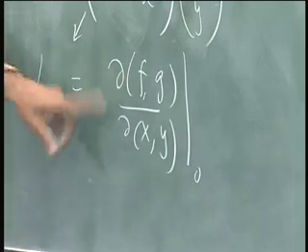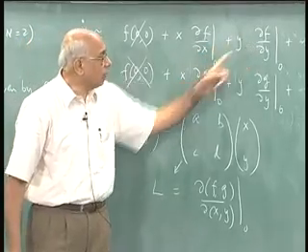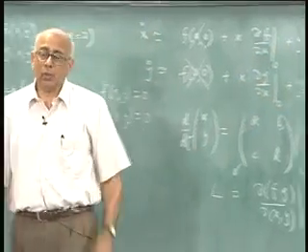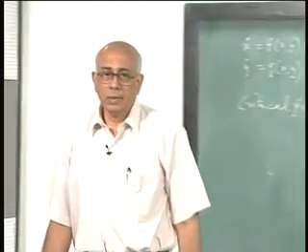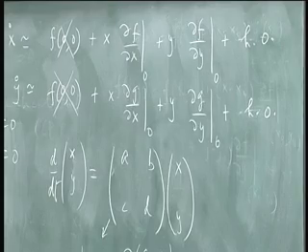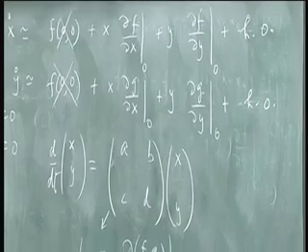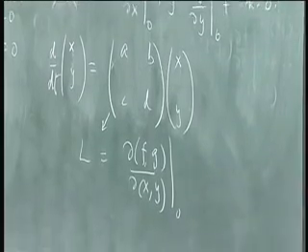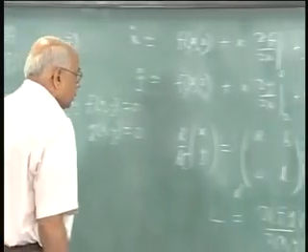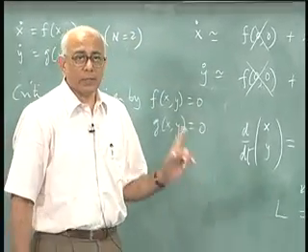This is a shorthand notation for this set of partial derivatives all evaluated at that point, and you put them in a matrix, and then the equation looks like d over dt of the position of the representative point in phase space, its position in phase space is a matrix, a constant matrix multiplied by the vector itself. So the system has been linearized.